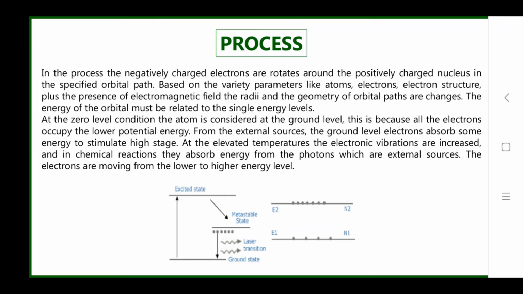At the zero level condition, the atom is considered to be at the ground level. This is because all the electrons occupy the lower potential energy. From external sources, the ground level electrons absorb some energy to be stimulated to a higher state. At elevated temperature, the electronic vibrations are increased, and in chemical reactions, they absorb energy from the photons, which are external sources. The electrons move from the lower to the higher energy level.